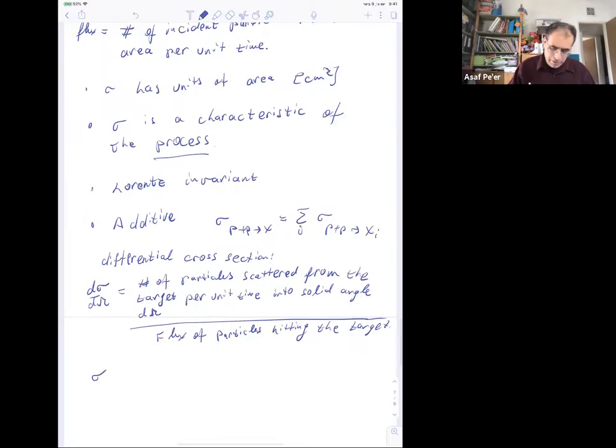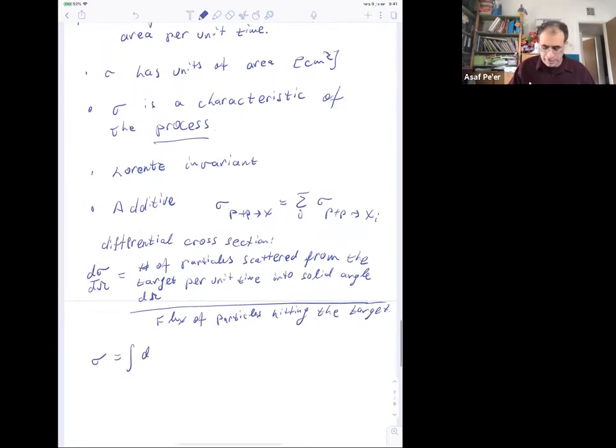And the total cross-section is the integral over all angles of d sigma d omega.